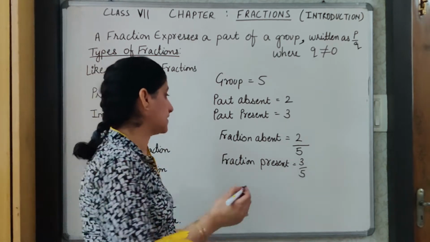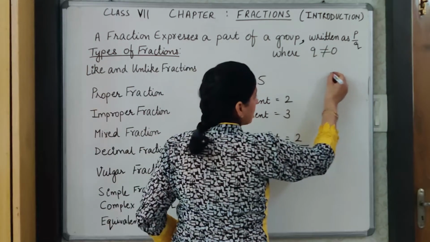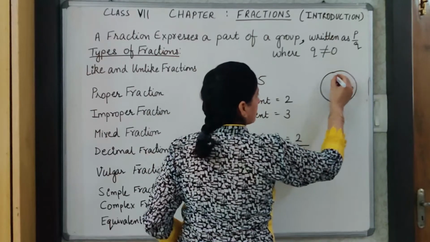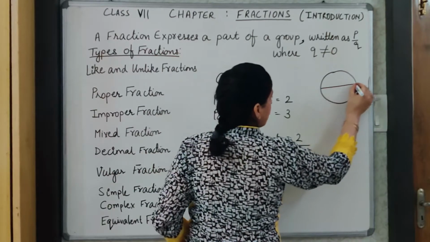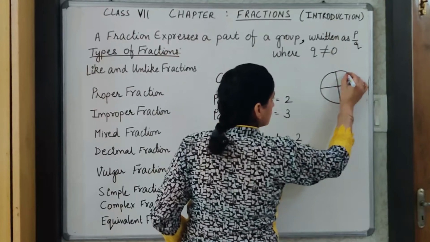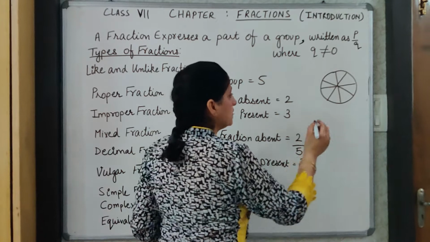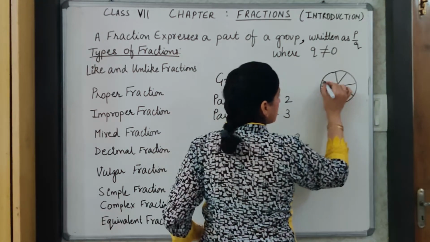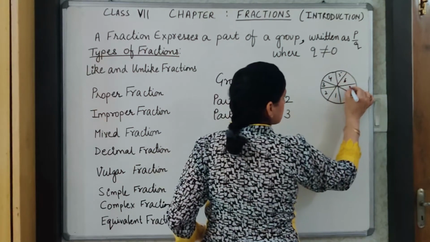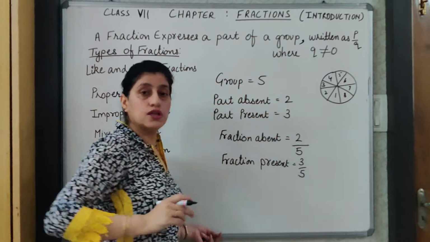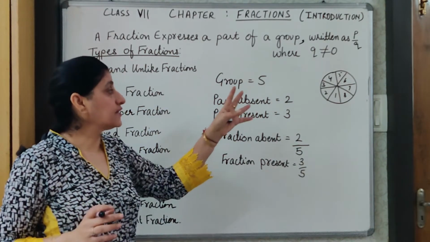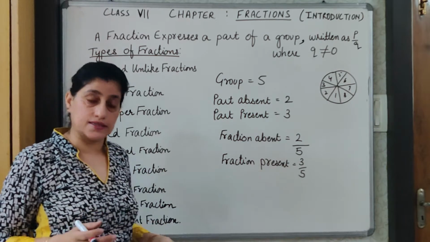Let's take one more example. Suppose I have a cake. And this cake has been divided into 8 equal pieces. 1, 2, 3, 4, 5, 6, 7, 8. So now what can you call your group as?